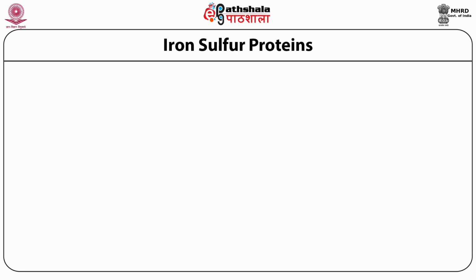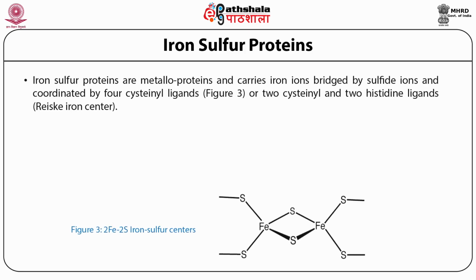Another electron carrier is the iron sulfur protein. As the name suggests, it has iron, it has sulfur, and it is a protein, so it also has amino acids. Iron sulfur proteins are metalloproteins that carry iron ions bridged by sulfide ions and coordinated with 4 cysteine ligands, or 2 cysteine ligands and 2 histidine ligands in the case of Rieske iron centers, which are found in complex III.